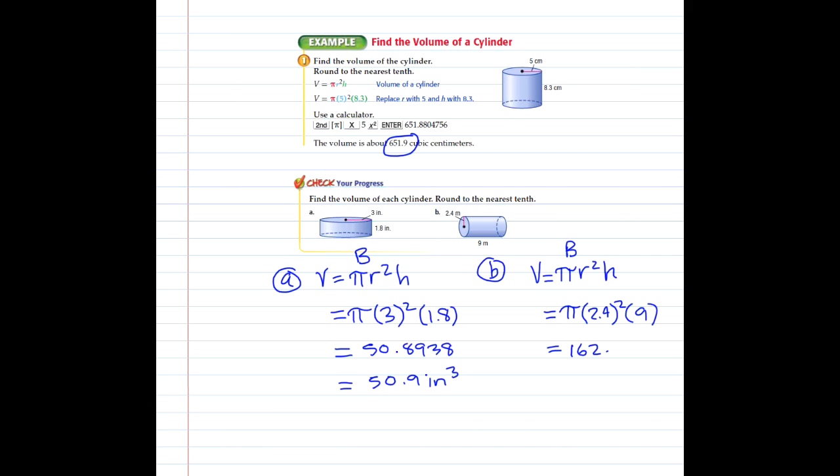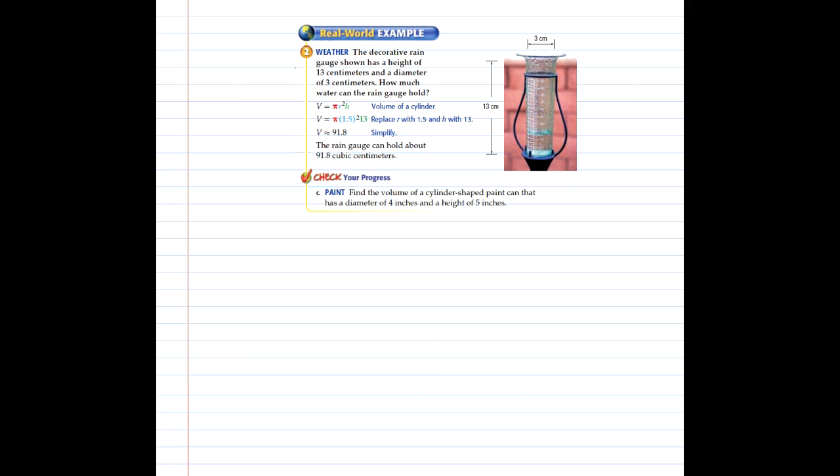Gives me a volume of 162.8601, which I'm going to round to 162.9. In this case, it's meters cubed, or cubic meters.